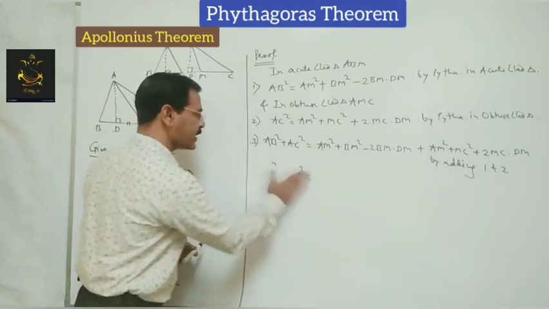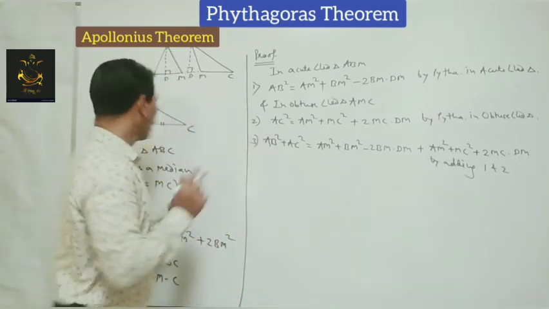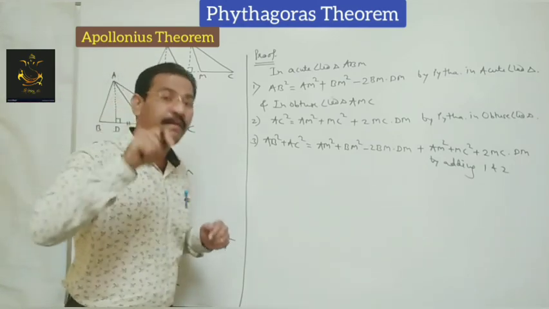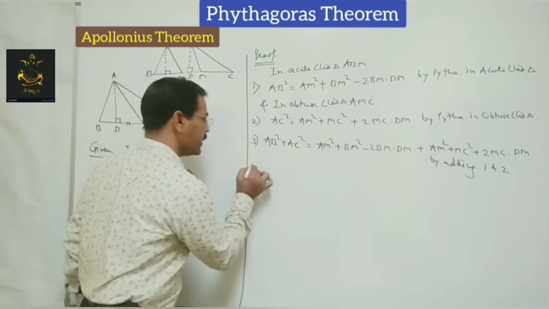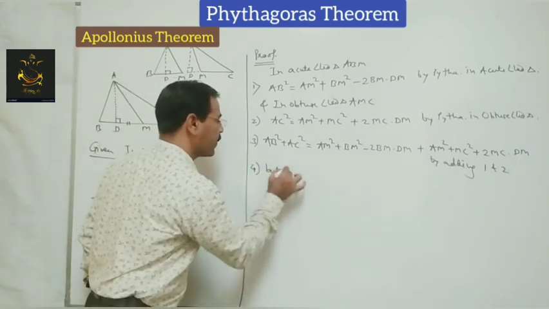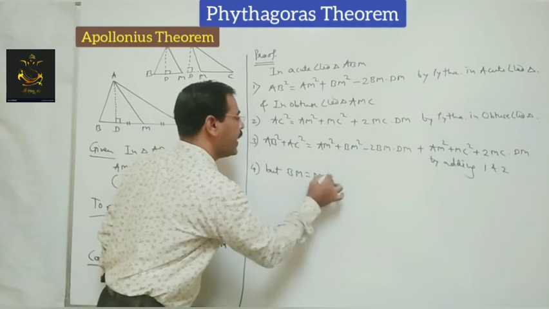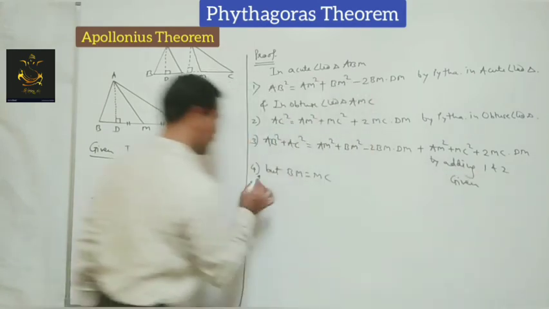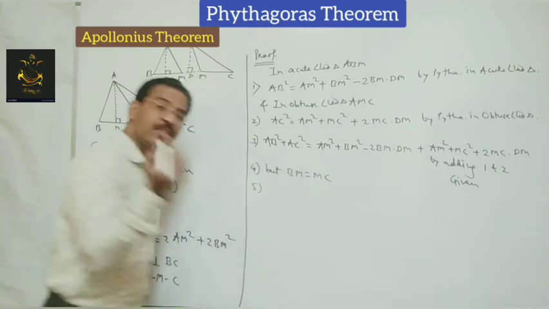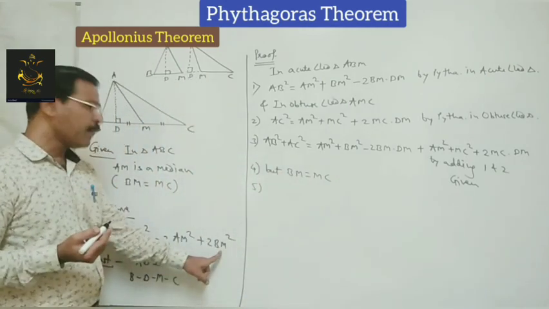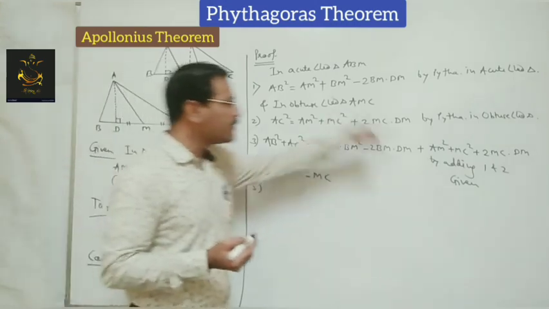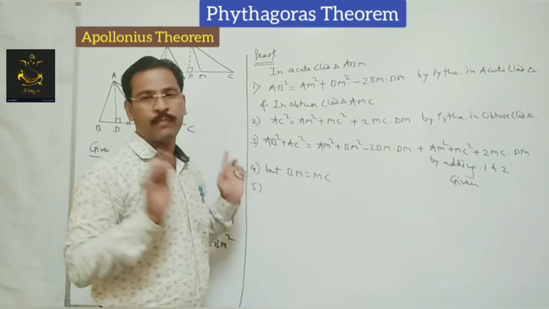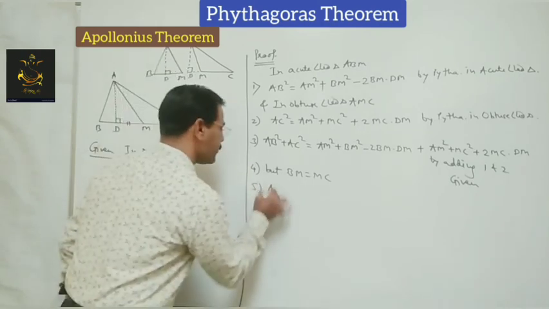But now just look here. Instead of adding this part, just listen very carefully. We know that BM and MC both are the same. It is in the given part. Out of these two, which part do we need here? We take BM. So wherever there is MC, replace that MC by BM. Look here, what will come?